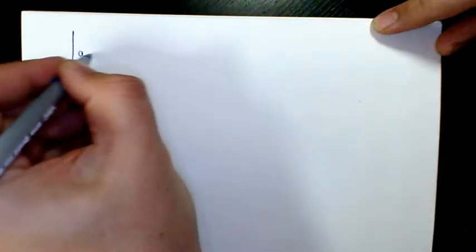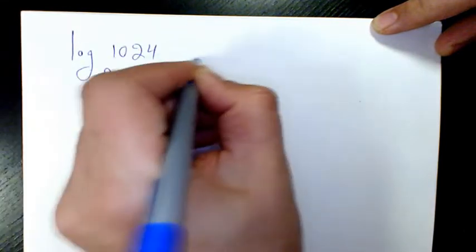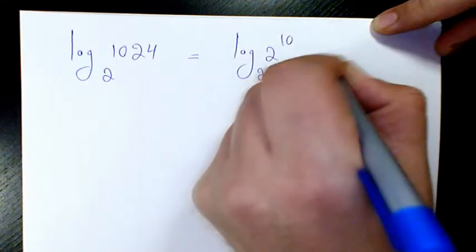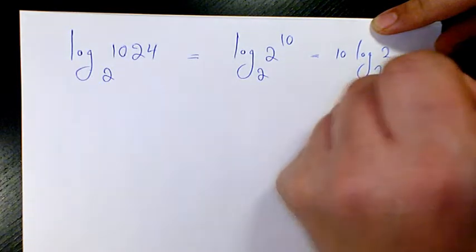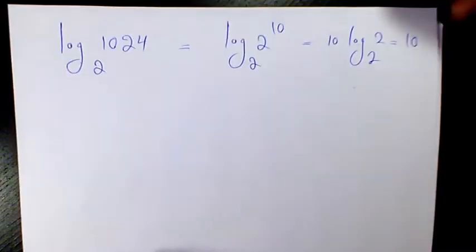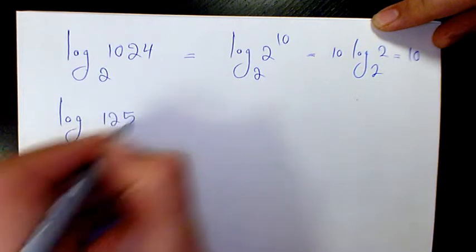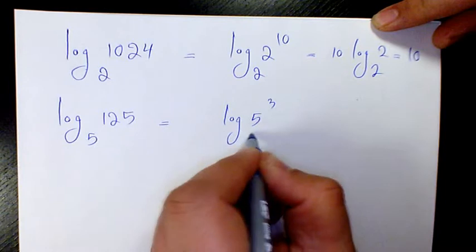And we can continue like that and make something like log 1024 base 2, which is going to be log 2 to the power of 10 base 2. And you make this one a coefficient, log 2 base 2. 10 times 1 is going to be 10. Log 125 base 5 is going to be log 5 to the power of 3 base 5.